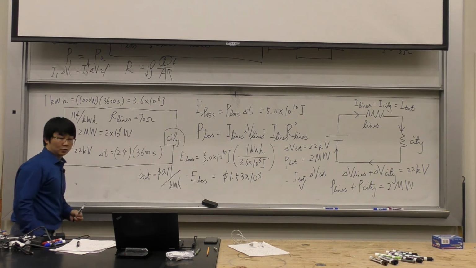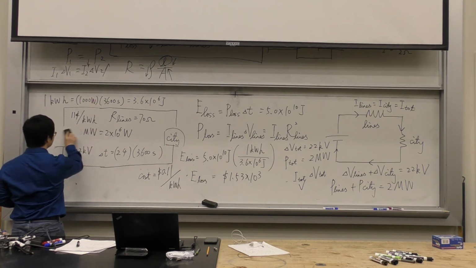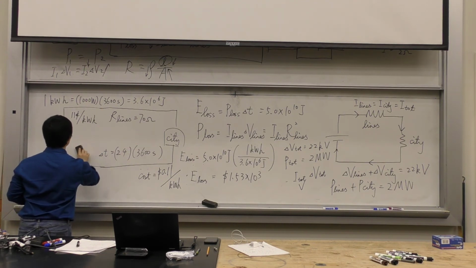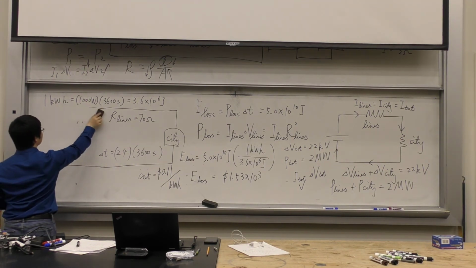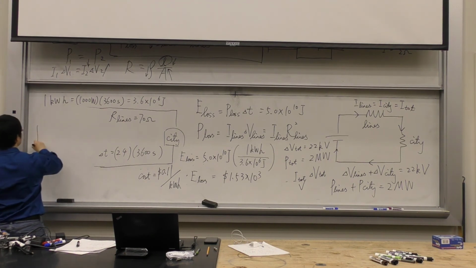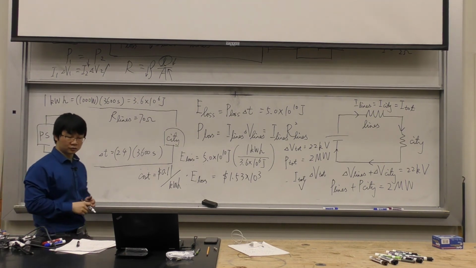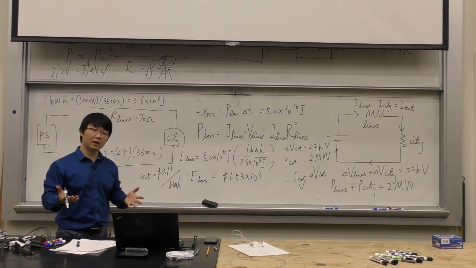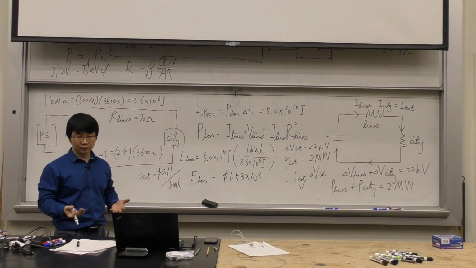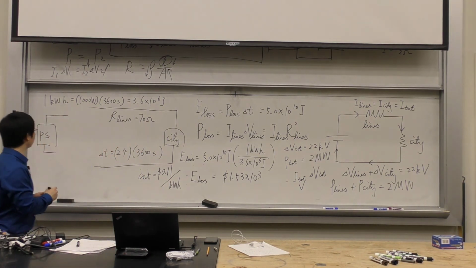I'm not going to deliver the electricity at 22 kilovolts. Even though it's already very high, it's not enough. I'm going to raise that to 330 kilovolts. So that's what I'm going to do.